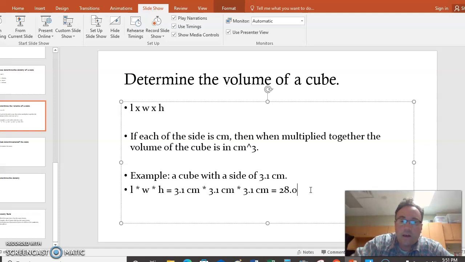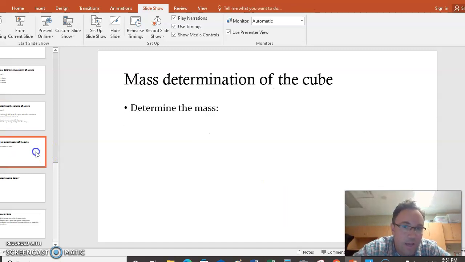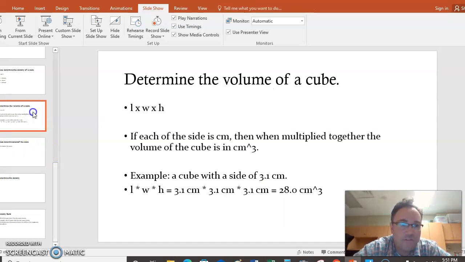So we get 28.0. Now, because we're rounding to the tenths, we have to be very careful on the practical to do two things. Number one, units. And number two, rounding to the tenth.